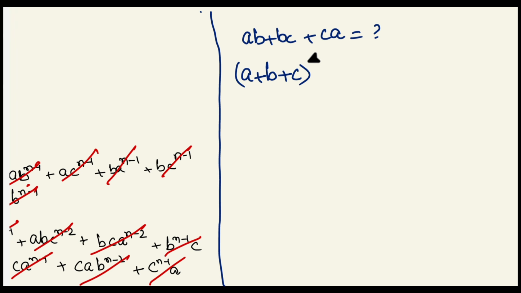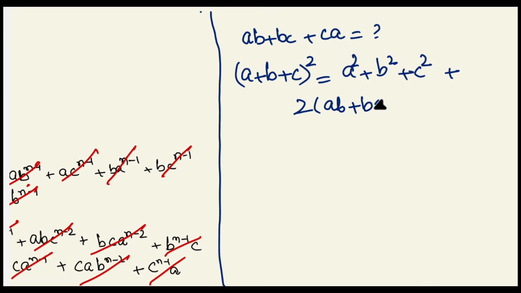(a+b+c)² is equal to a² + b² + c² + 2(ab + bc + ca). We know the value of a+b+c, this is 4. So 4² is equal to a² + b² + c², whose value is given as 10, plus twice of this.